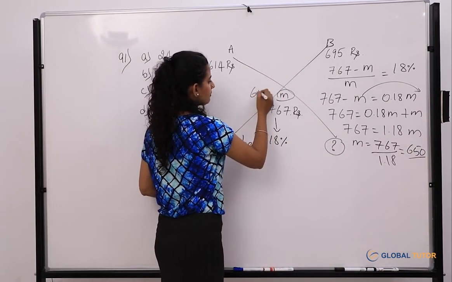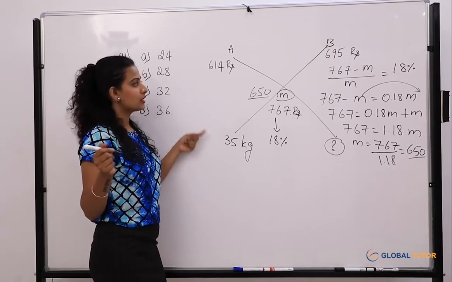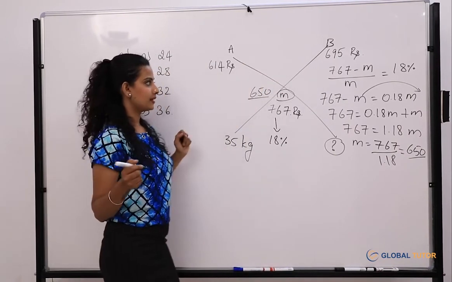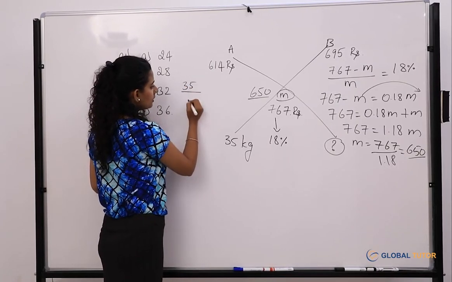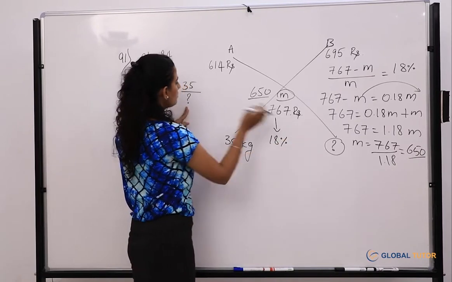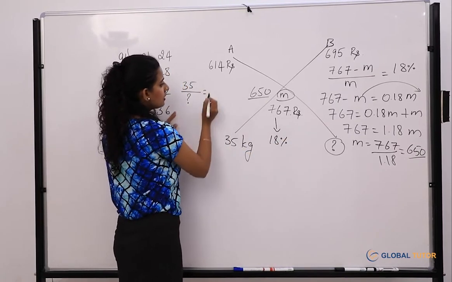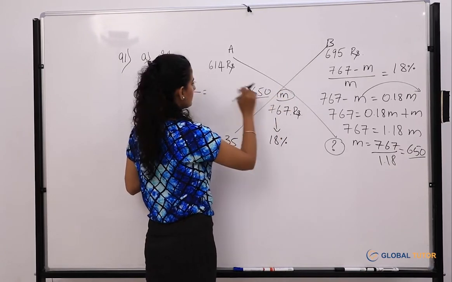M is 650. So, now we shall use the alligation method. So, A by B is equal to 35 kg divided by, we don't know this parameter, so we will just keep it as it is. So, it will be this minus this, right?